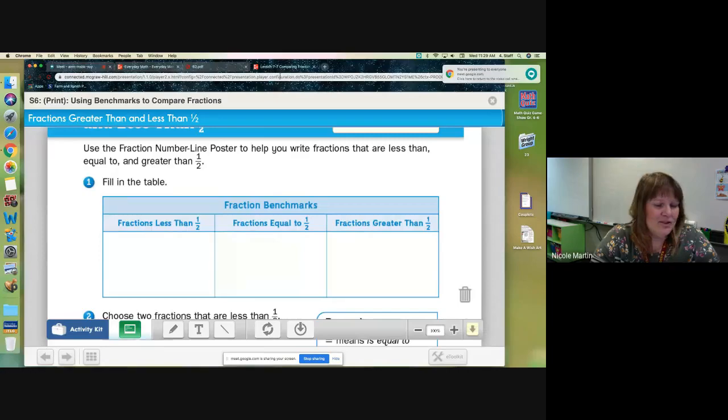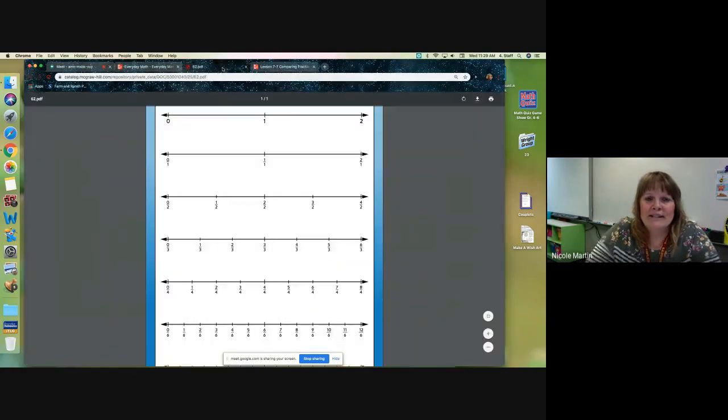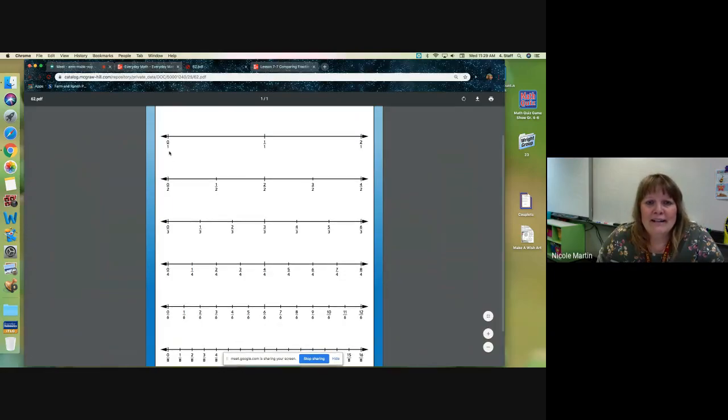So we are on page 235. So today we're going to use our number line poster, and we're going to write some fractions that are less than, equal to, and greater than 1/2. So I'm going to scroll that up a little bit. So I'm going to just flip our screen here to our fraction puzzle. So if we look right here, okay, we have 0 to 1, 0 to 1.